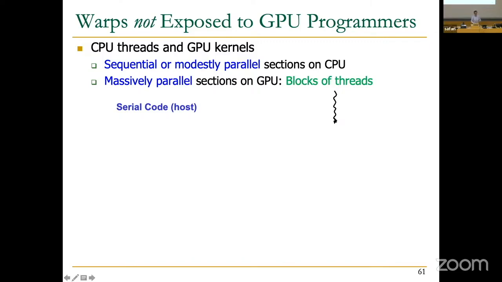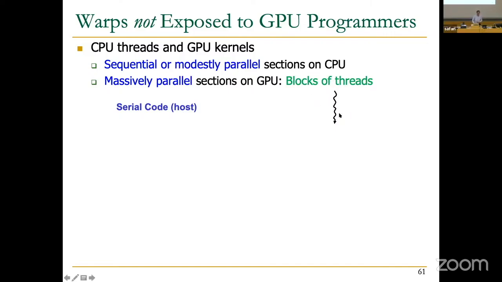So for example, if you have serial code over here, 1 thread executing on 1 data element, and if you have a warp that's capable of executing 64 threads in hardware, your utilization, if you execute this thread on a GPU, is 1/64, right? 1/64 is a very small number. Your hardware is capable of executing 64 threads concurrently, but now you're executing only 1. So it makes sense to actually execute the serial code on the CPU host.